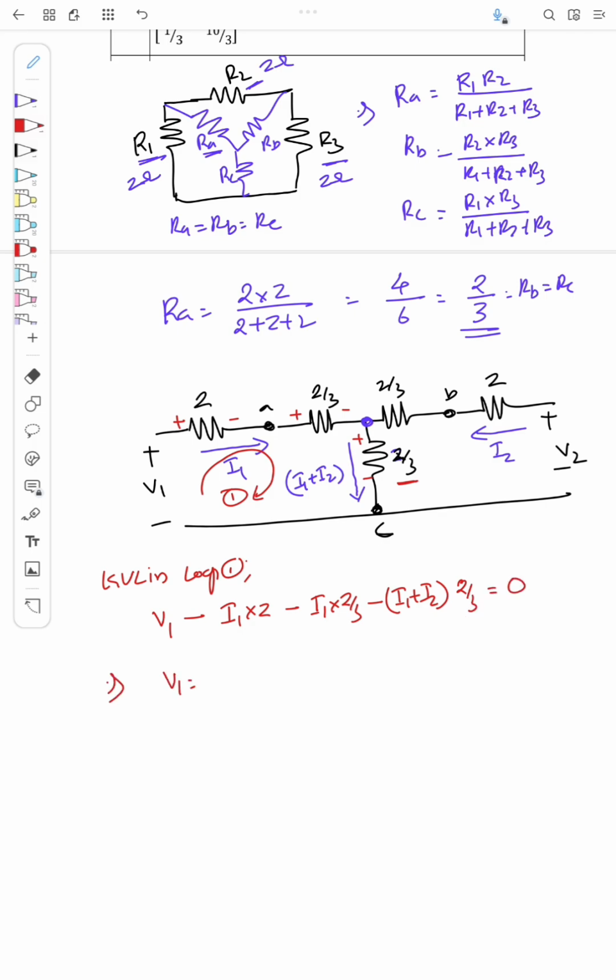Or V1 I can write by clubbing the terms of I1: 2 plus 2 by 3 plus 2 by 3, plus I2 into 2 by 3. If I club this, it will be 4 by 3 plus 2, which is equal to 10 by 3 I1 plus 2 by 3 I2. So this is V1.